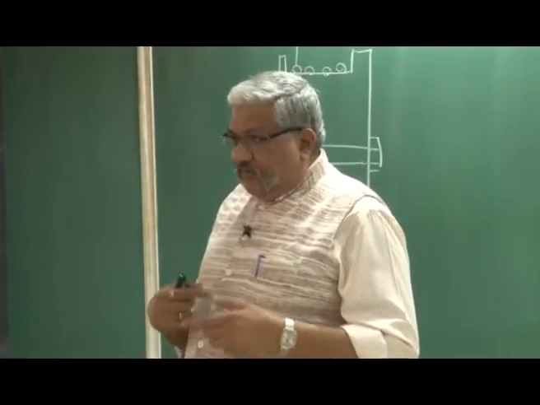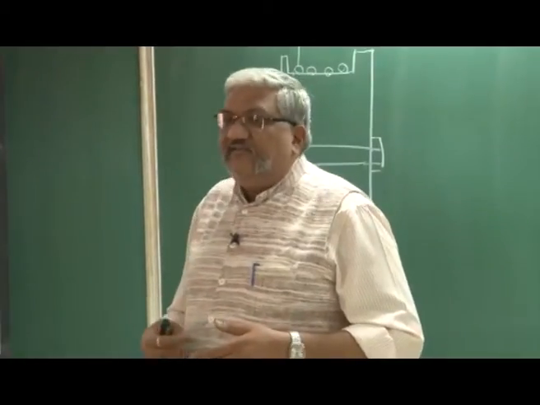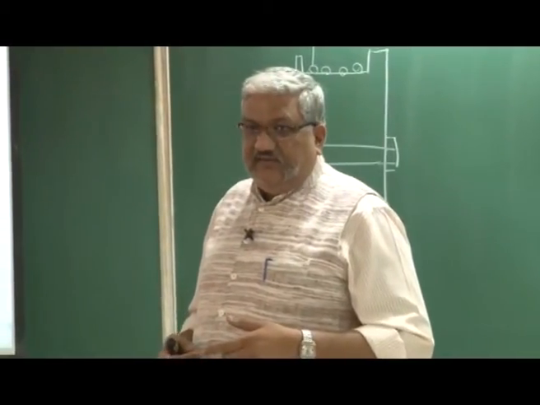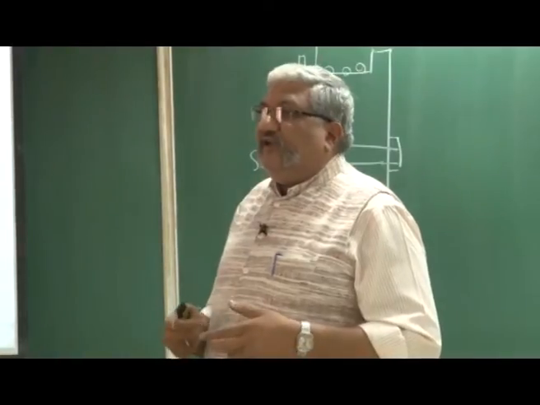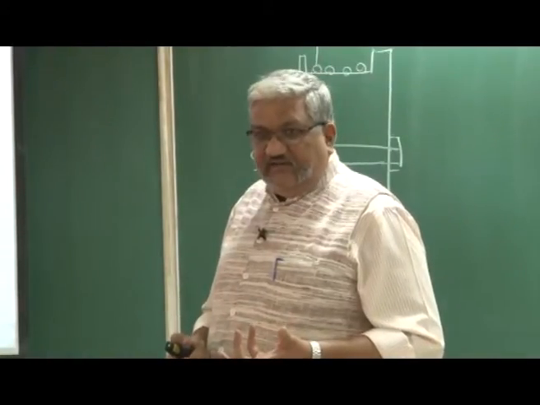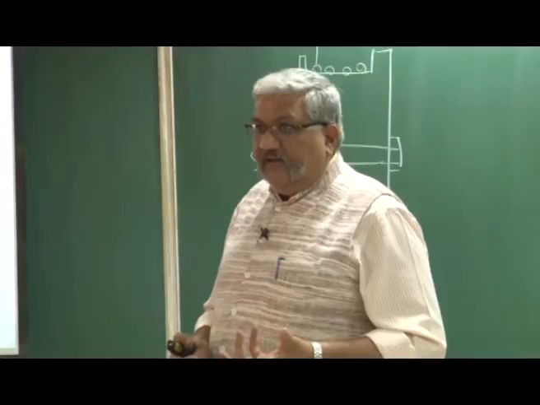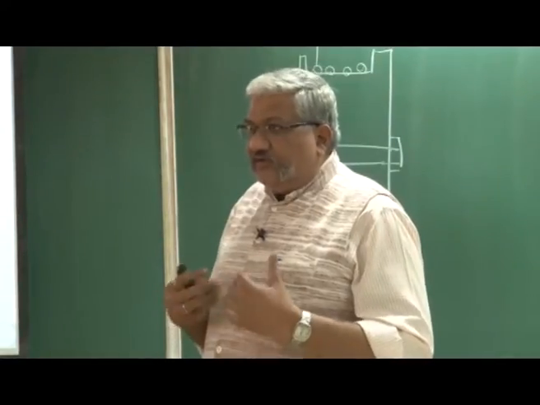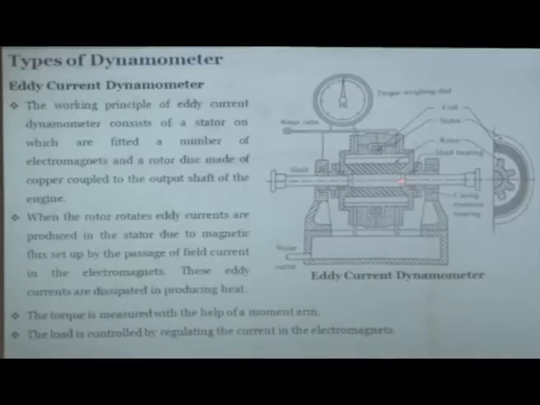When it operates in the magnetic field, eddies are generated in this stator. Those eddies are also dissipating the energy, right? And the rotor also needs to be cooled so that you can absorb the heat.